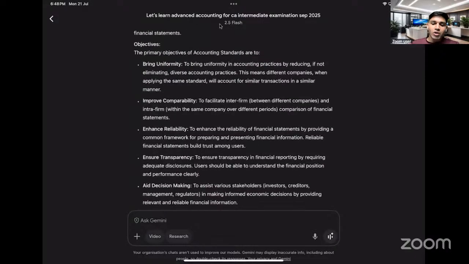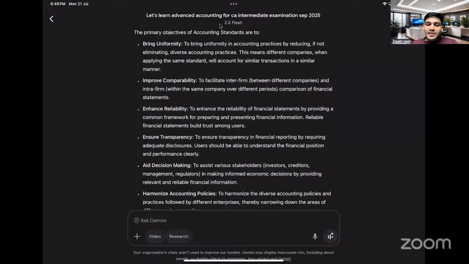First, bring uniformity. To bring uniformity in accounting practices by reducing, if not eliminating, diverse accounting practices. This means different companies, when applying the same standard, will account for similar transactions in a similar manner.